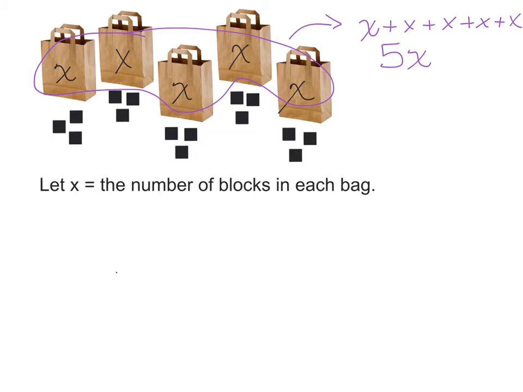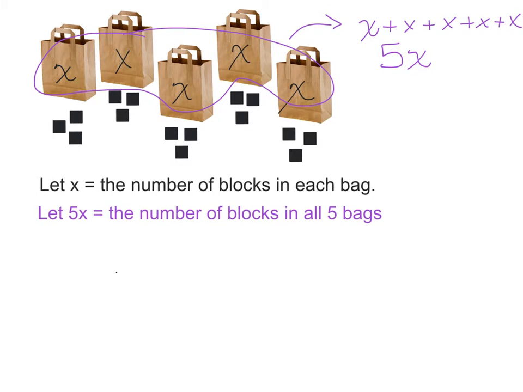What I'm doing there is combining things that are alike. If I'm adding x 5 times, that's the same as 5x. So we're going to write another let statement that says let 5x equal the number of blocks in all 5 bags.